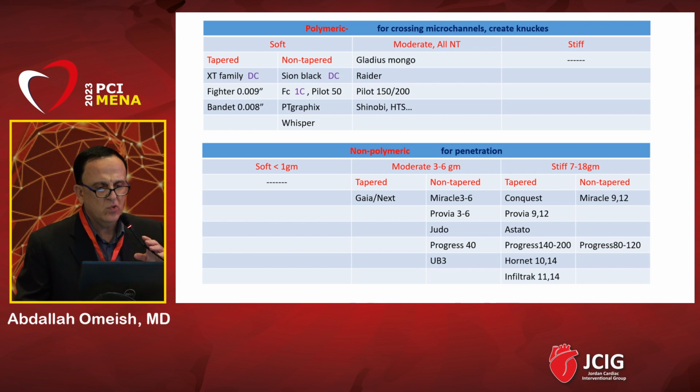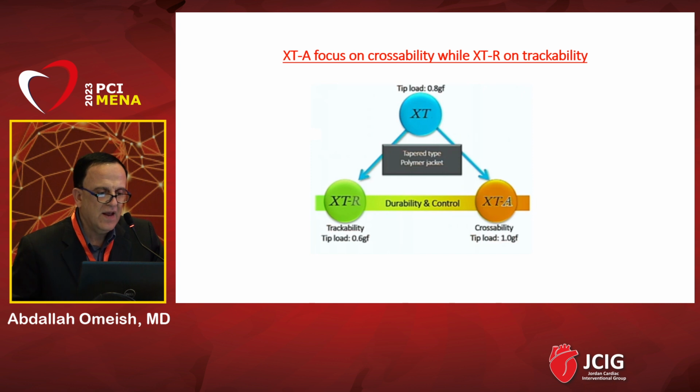The wires which are used in CTO are usually polymeric or non-polymeric. The polymeric are used for crossing microchannels and creating knuckles, and the non-polymeric are used for penetration. Of course, some of these wires are tapered and others are non-tapered. Regarding the XTA and XTR, the XT family, they differ in the tip load.